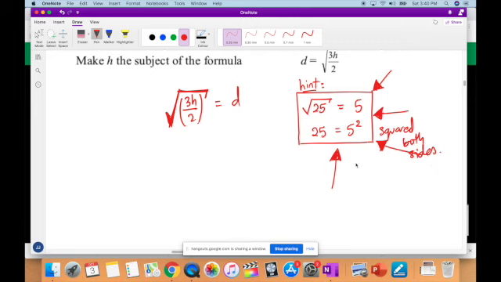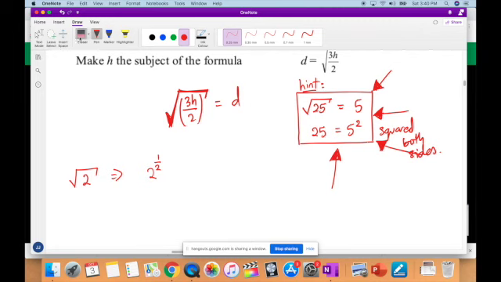Remember when we did indices? We saw this interesting thing where the square root of a number could be seen as that number to the power of a half. Remember that?